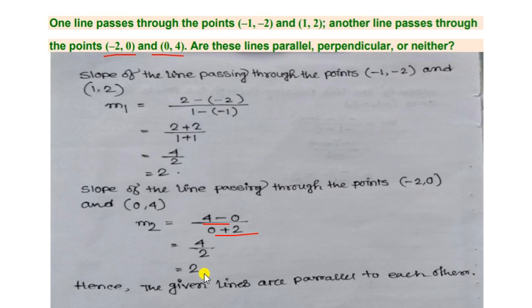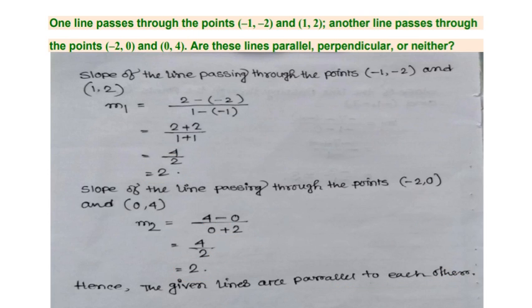So 4 by 2, which simplifies to 2. The slope of the first line is 2 and the slope of the second line is also 2. That means the slopes are equal, so the given lines are parallel to each other. When slopes are equal, only then can you say the lines are parallel.